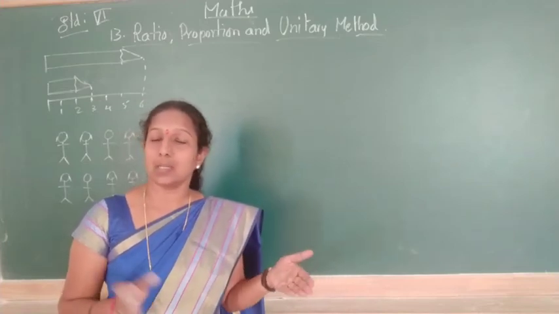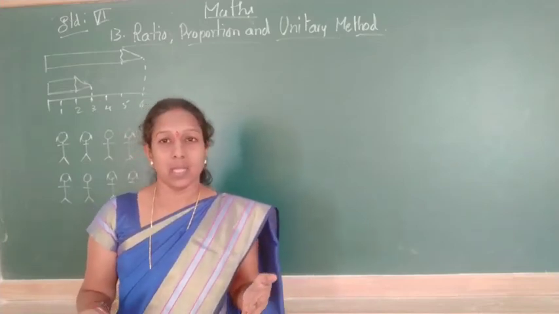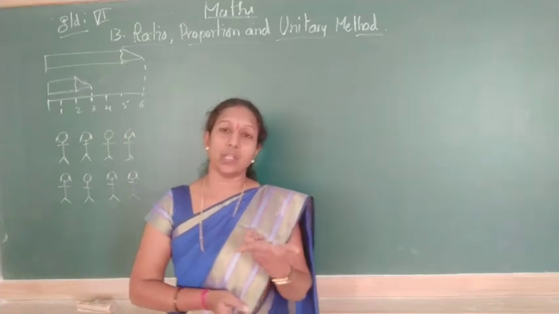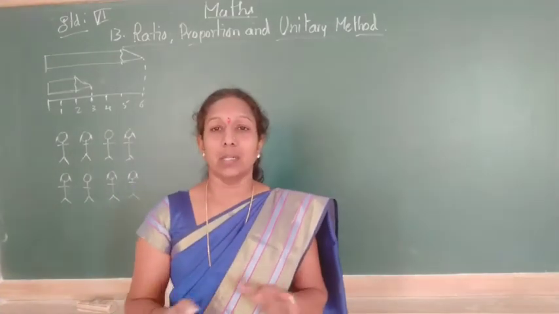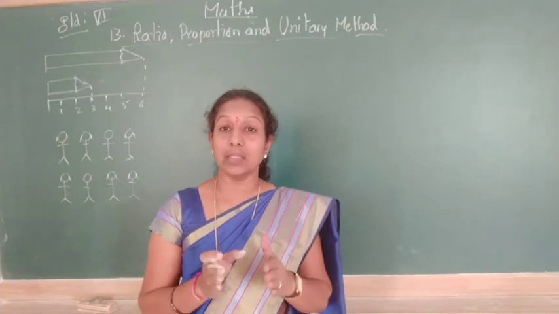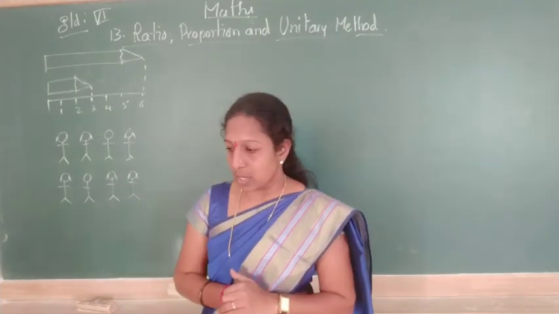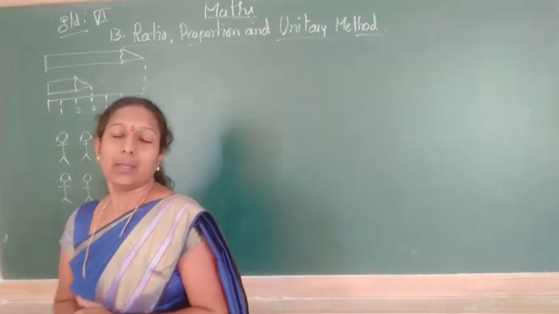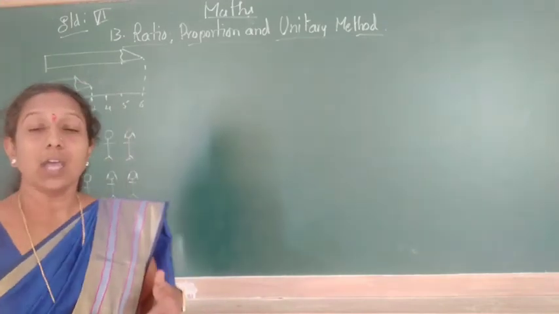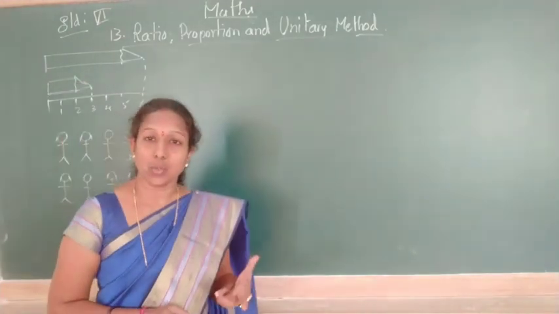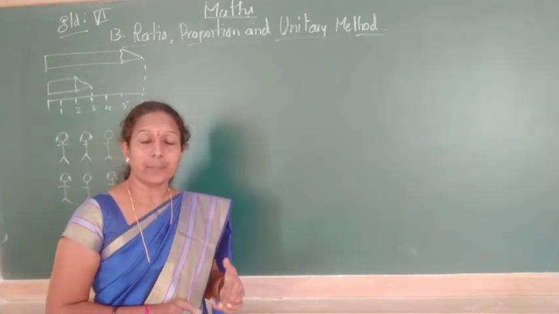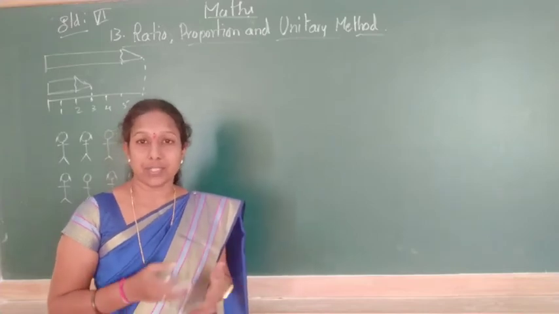If it is meters, it should be meters. If we are comparing the length of two different things, the length should be in the same unit. So now let us learn how to write the ratios of the given numbers and given pictures.